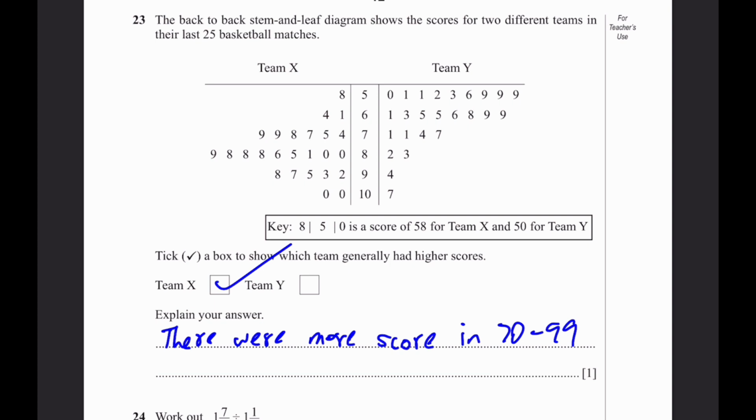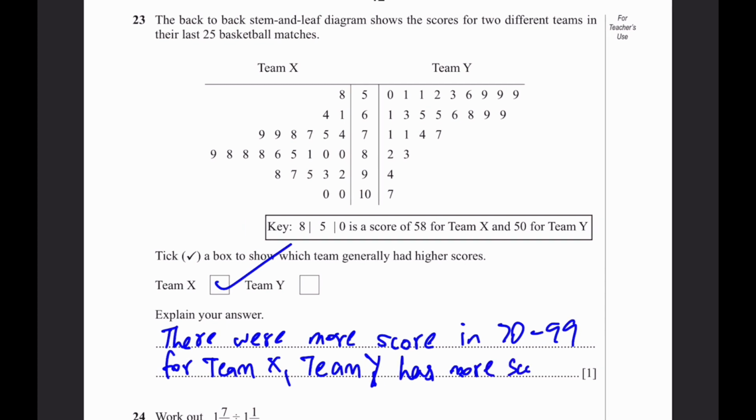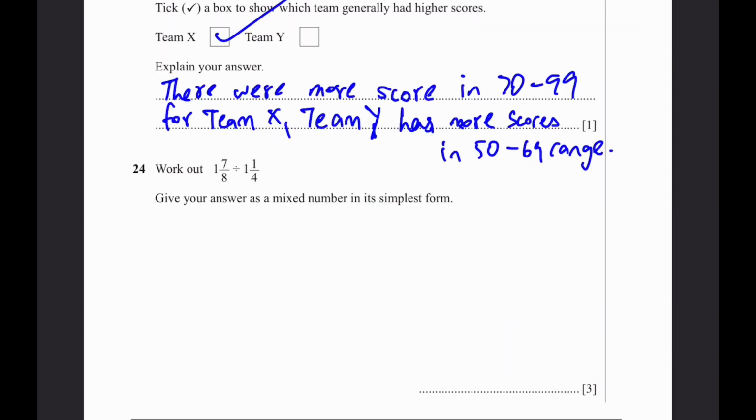So there were more scores in 70 to 99 for Team X. Team Y has more scores in the 50 to 69 range.